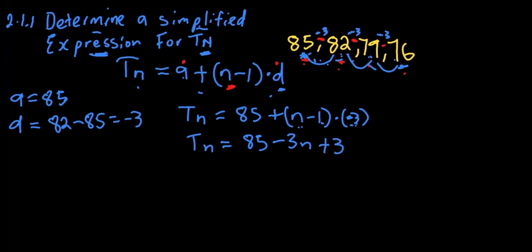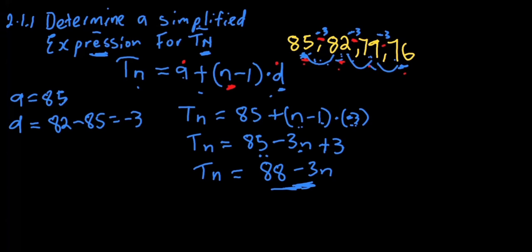So 85 plus 3 gives us 88, minus 3n. Our simplified expression is 88 minus 3n. So now we've answered this.